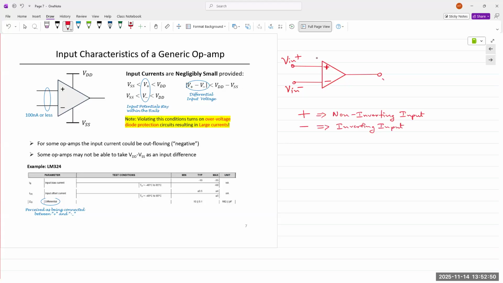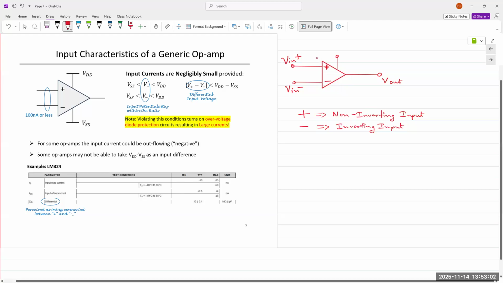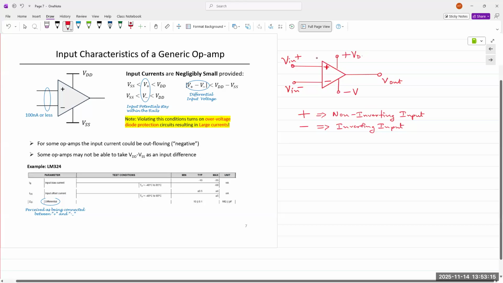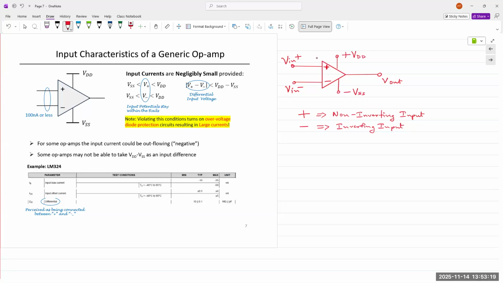Okay. V out is taken on the right, and then you have the power supply rails. The power supply rails are more often than not never shown in an op amp or comparator circuit, not unless we are trying to show something specific. Plus VCC minus, well, let's use VDD minus VSS.